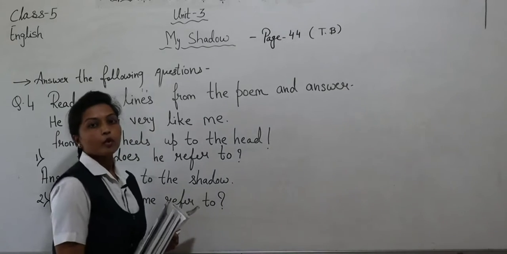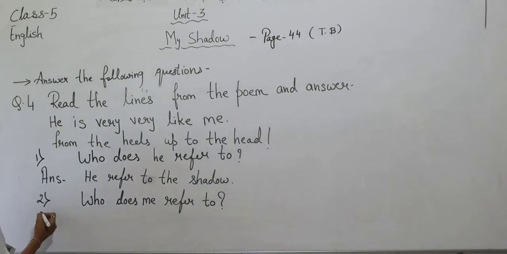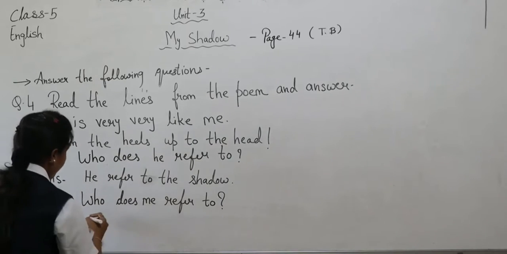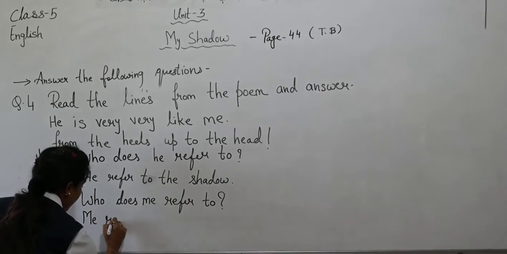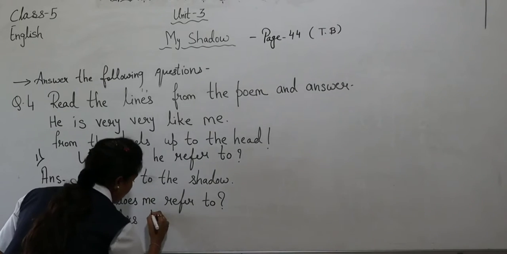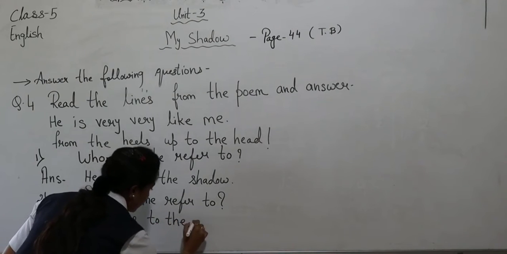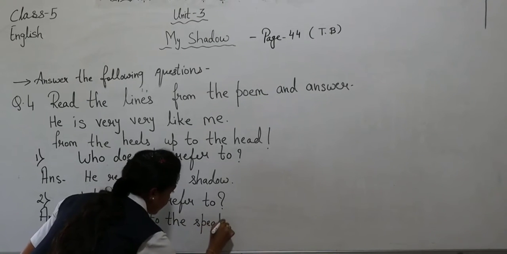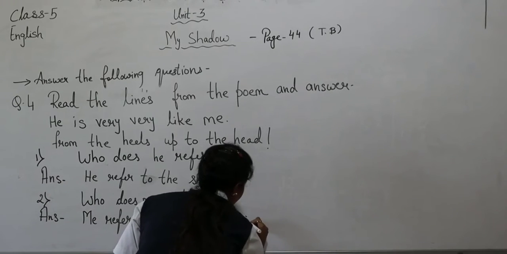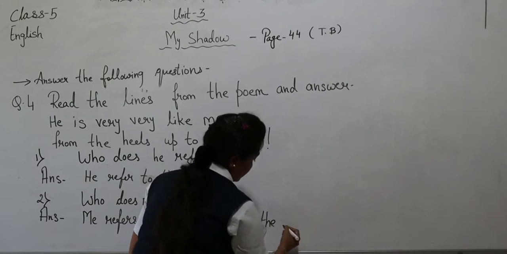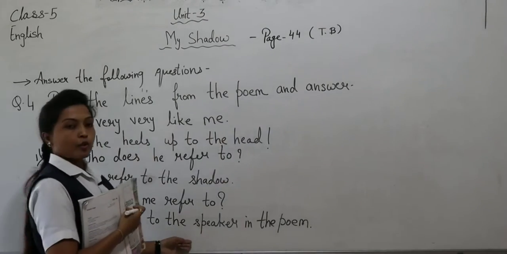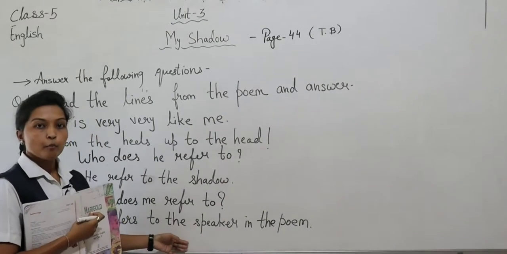In this, me refers to the speaker in the poem. So me refers to the person who speaks in the poem.